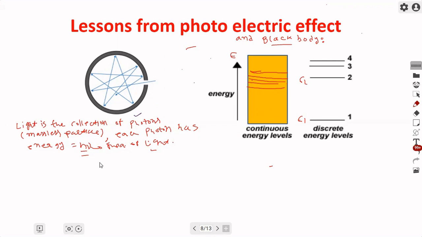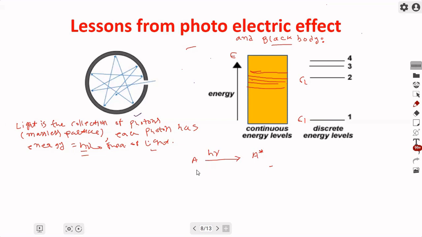Let's say there is a body A. When light falls on it, that means light gives an energy equal to hν to it. Then it moves to a state called A star. It got excited. It can be seen from this picture as well.